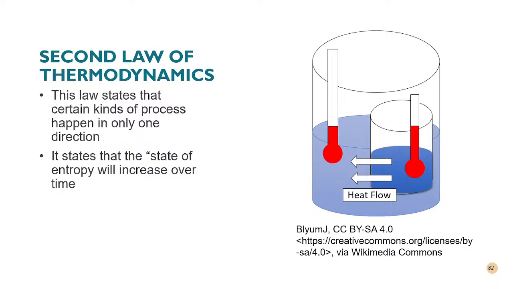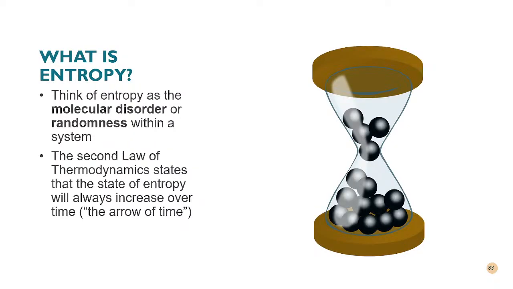It states that entropy will increase over time, ceteris paribus, all things remaining equal, meaning that there's no external thing manipulating this process. So what is entropy? Think of entropy as the molecular disorder or randomness within a system that is naturally increasing over time. The second law states that entropy will always increase over time, once again, all things remaining equal. This is what is known as the arrow of time.